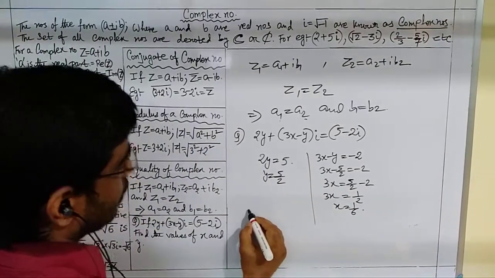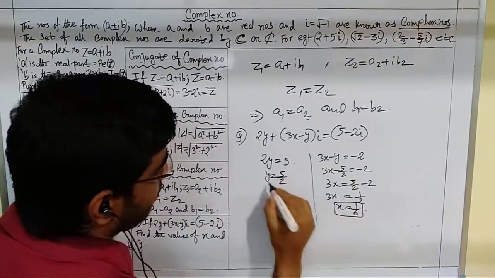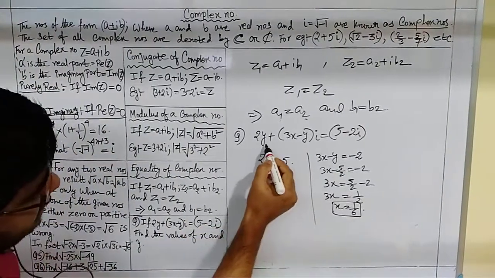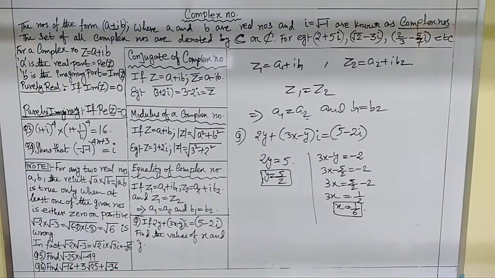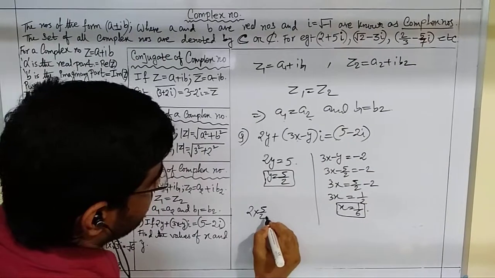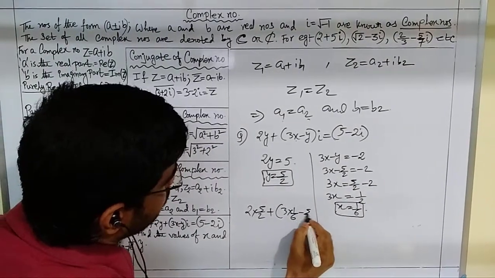So, what is the answer? What is the value of x and y? This is x, this is y. We can verify it. We just have to put the values here and we should get this particular complex number. Okay, let me try. 2 into 5 by 2 plus 3 into 1 by 6 minus 5 by 2 i.